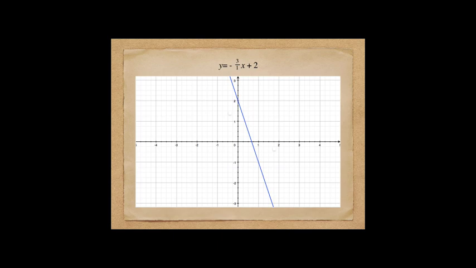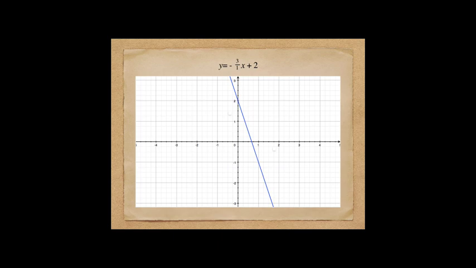Notice we have a negative slope this time, and the line is going down. So that's how that negative sign relates to how it looks on the graph. If we look at the point 0, 2, which is the y-intercept, and we go down 3 boxes and over 1 box, that is hitting the line again.